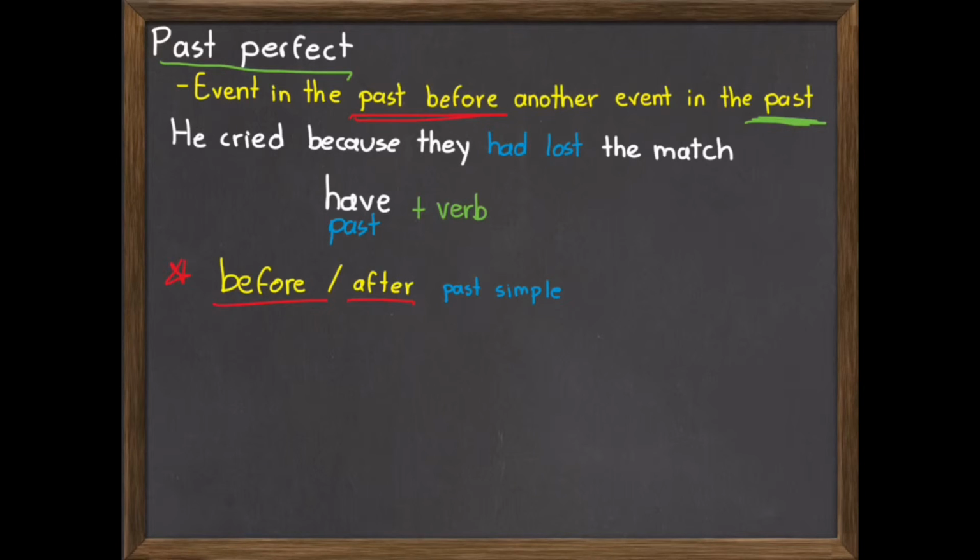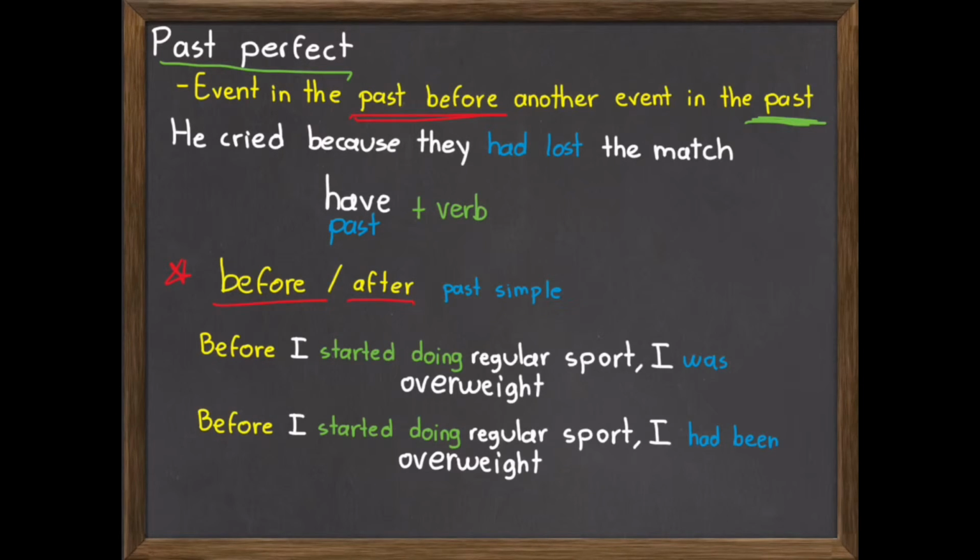For example, before I started doing regular sport, I was overweight. That would be the past simple. First, I was overweight. Then I started doing regular sport. You can see the order of the events.